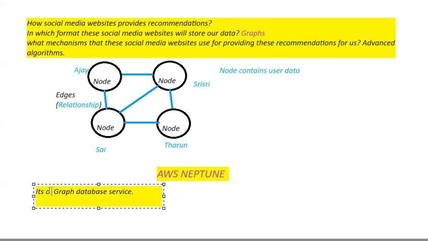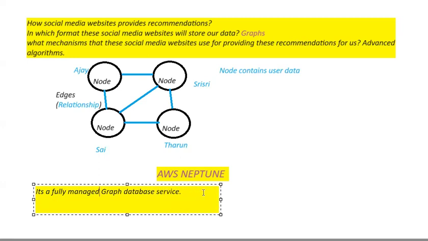So what is Neptune? It is a fully managed graph database service. So why is it designed? This Neptune is designed by AWS for storing highly connected data with complex relationships.